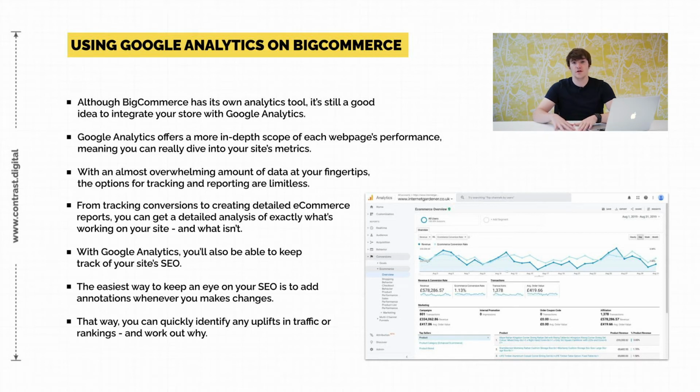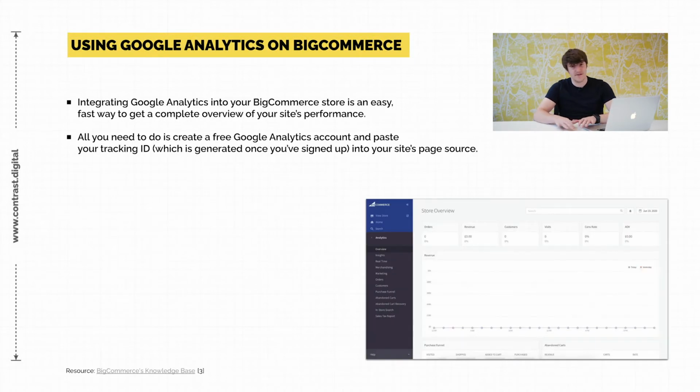So making sure that you've got that set up from day one correctly is definitely worthwhile, because again, you can't get retrospective data. So just setting that up is something that you definitely want to do. And to be able to do that is very simple.